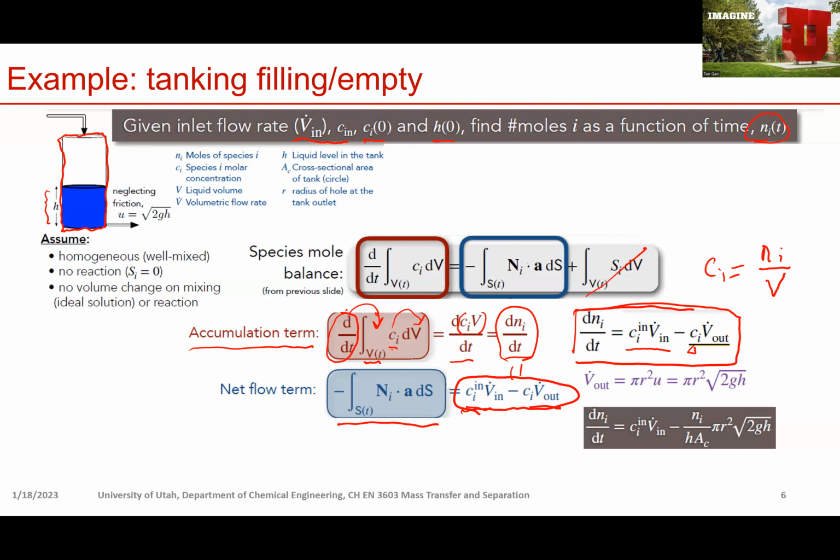The V out can be computed by this equation, so it depends on the height of the liquid in the tank. The volume of the liquid in the tank can also be related to height, because the cross-sectional area of the tank is fixed.